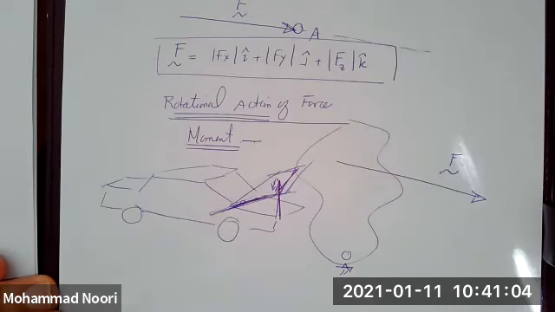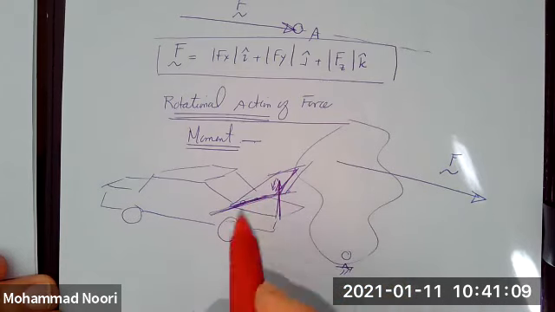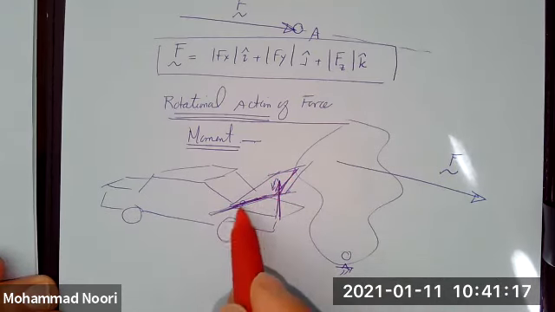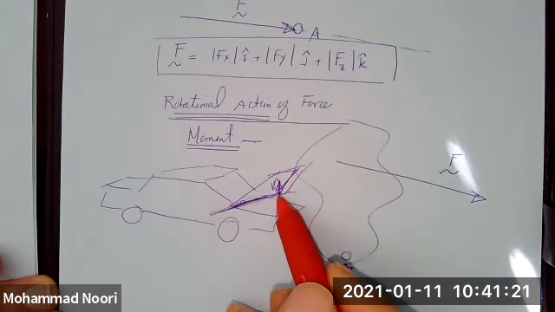Why? Because that's how this structure is supported by these hinges. In order to design for these hinges, we want to know what is the rotational action that these forces cause. So that's the meaning of the moment about an axis.